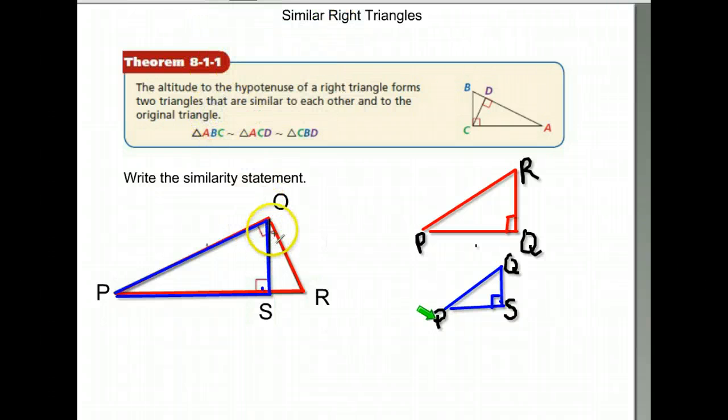And then finally, you do the small one. And if you take the time to draw them out, all facing the same direction, it makes it a lot easier to do a similarity statement.